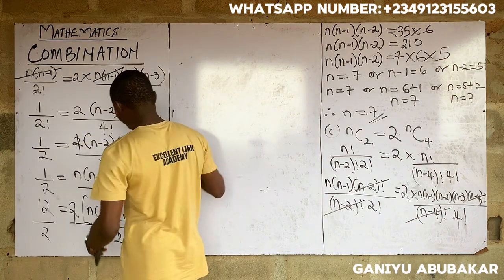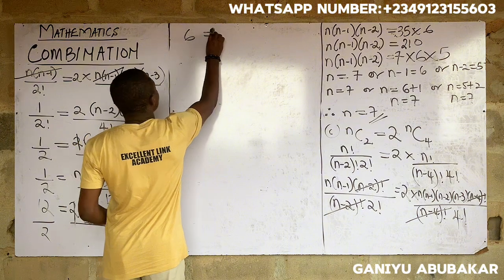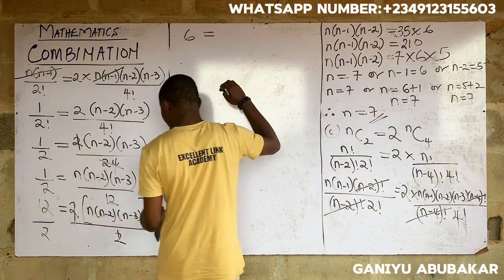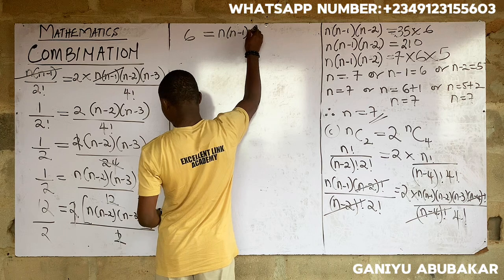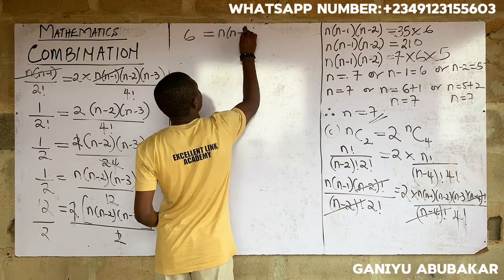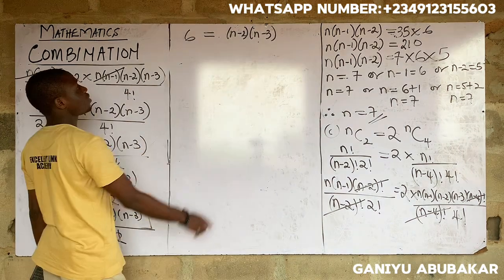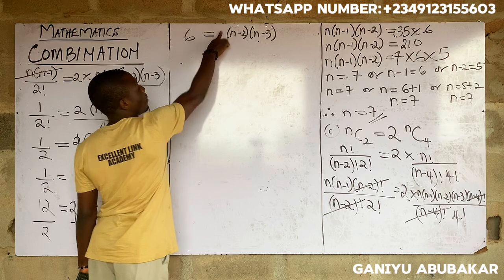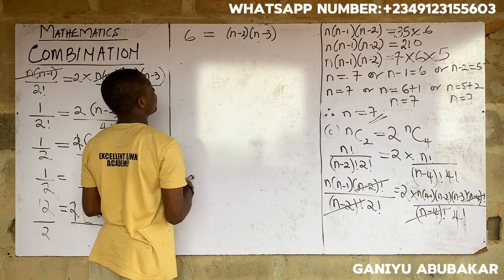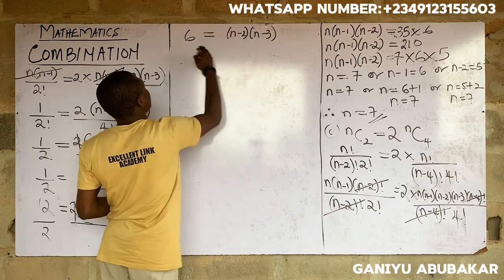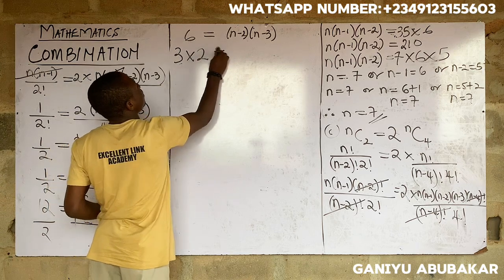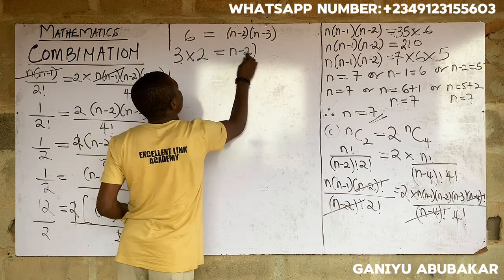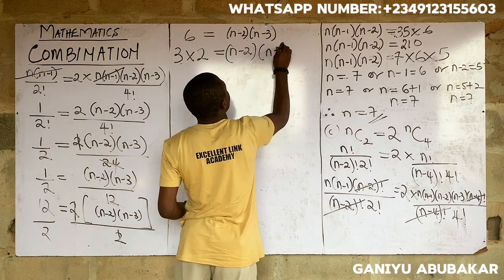12 over 2 is 6. So I have 6 here being equal to everything here, n minus 2, n minus 3. So what do I get from here? I'll break 6 down: 3 times 2 will give 6. So n minus 2, n minus 3.